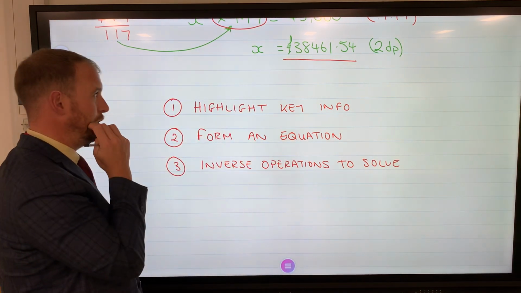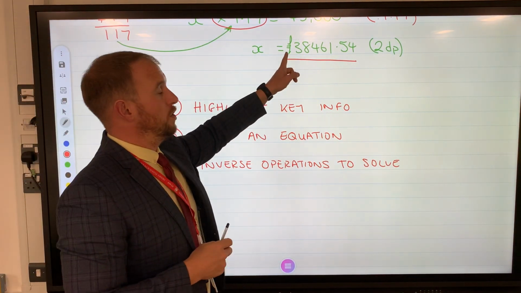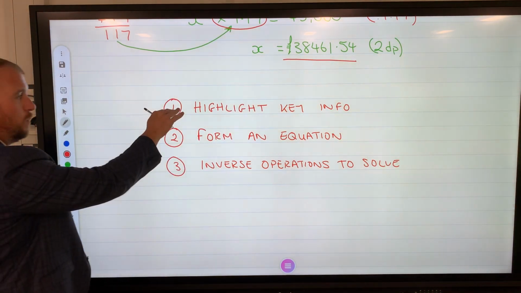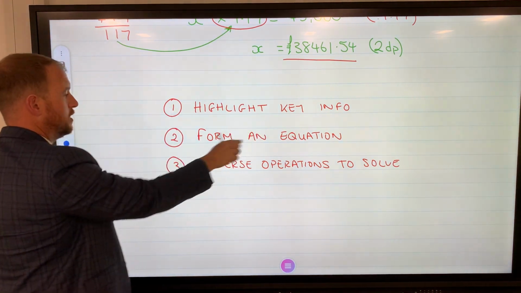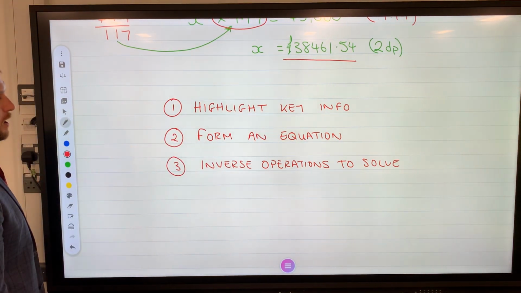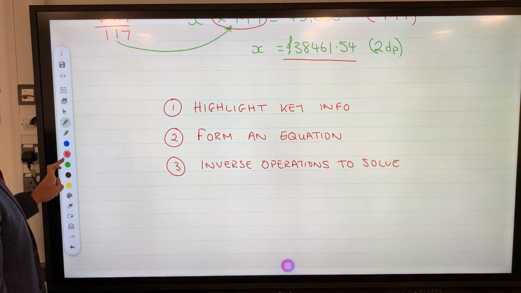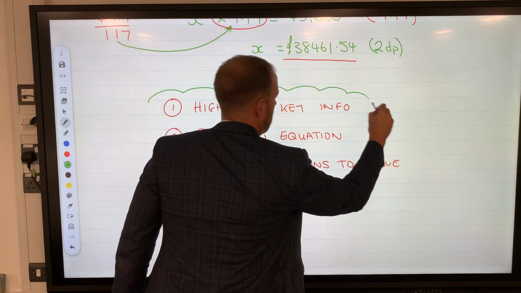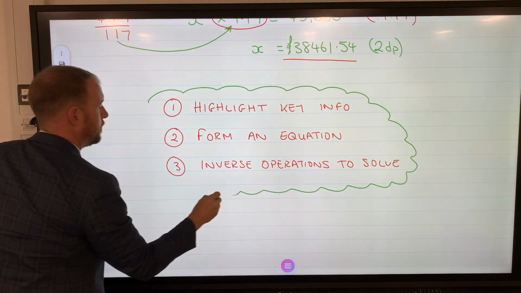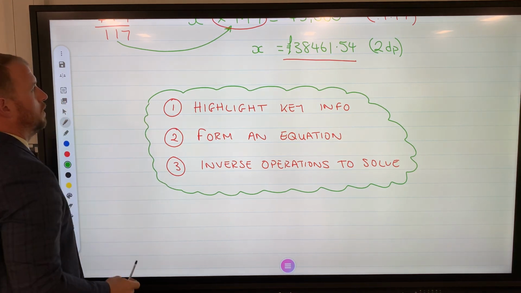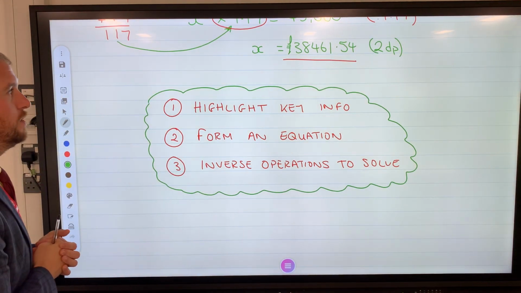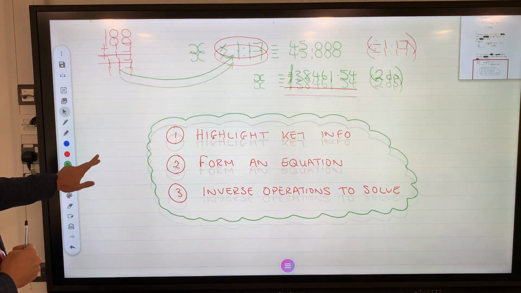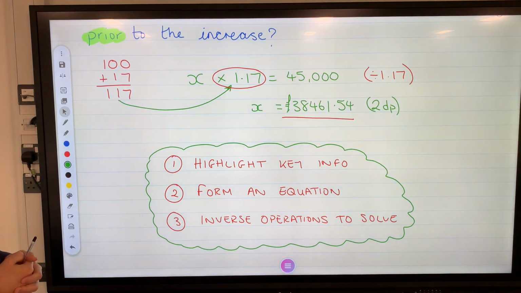And obviously you have to include your units at the end, like a pound sign, etc. But that's the 3 steps. Highlight key information, which you should be doing for all numeracy questions. And then form an equation, inverse operations to solve. So my suggestion would be have a go at a few, but definitely make sure you look for that word increase or decrease or depreciate. Look for those keywords to help you find the correct answer. Hope it helps.